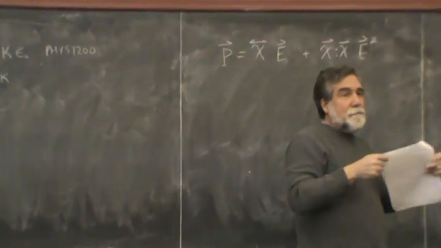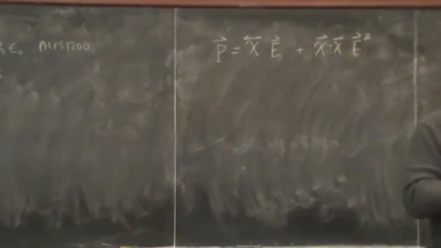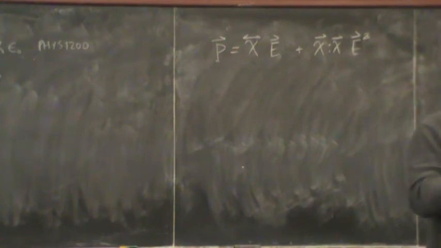Basically, when you have an atom and you apply an electric field, it begins to polarize. Initially, the degree of polarization, the dipole moment, is linear in the electric field you apply. But when you put enough electric field on there, you start distorting the wave functions in a way that the atom doesn't like, and it starts costing a lot more energy to pull the positive and negative charges apart.